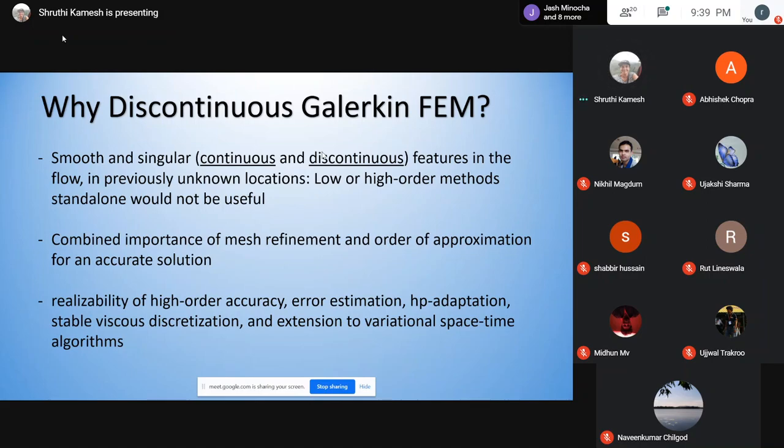Now, hp adaptation is basically the numerical method term for reducing h, which is the parameter for mesh refinement, for mesh length, and increasing the order of approximation, which is p. So p is the order of approximation for an accurate solution. And what is seen with DG is that as you go higher and increase the order of the solver, your accuracy increases rapidly.